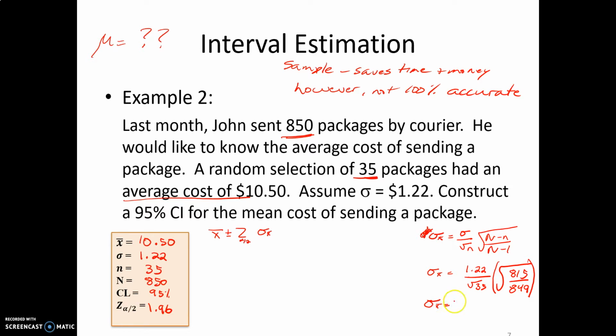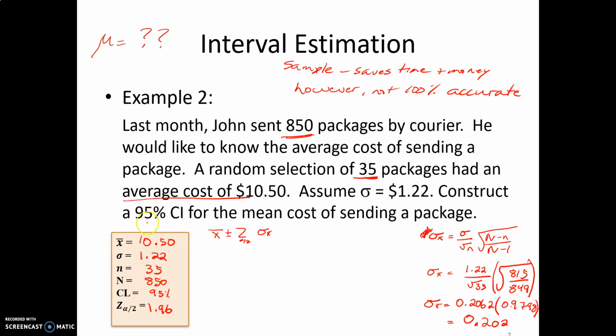So the standard error, this first part is going to be approximately 0.2062. This last part, 0.9798. So in total, the standard error equals 0.202.